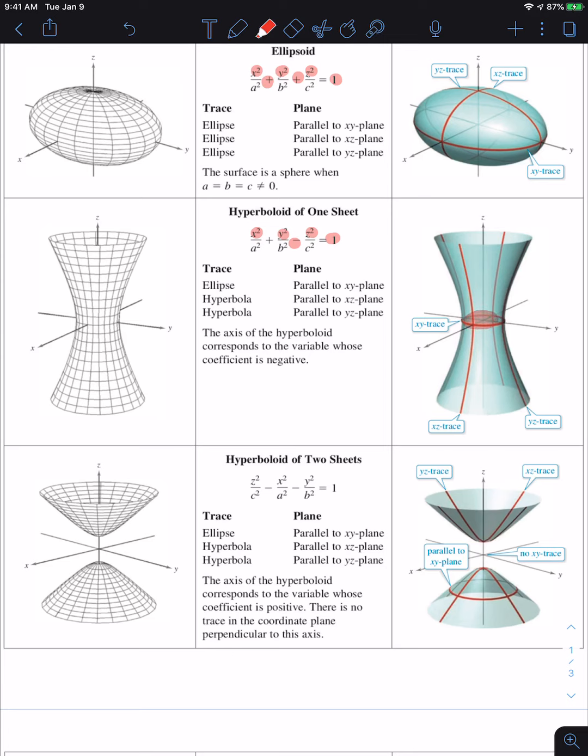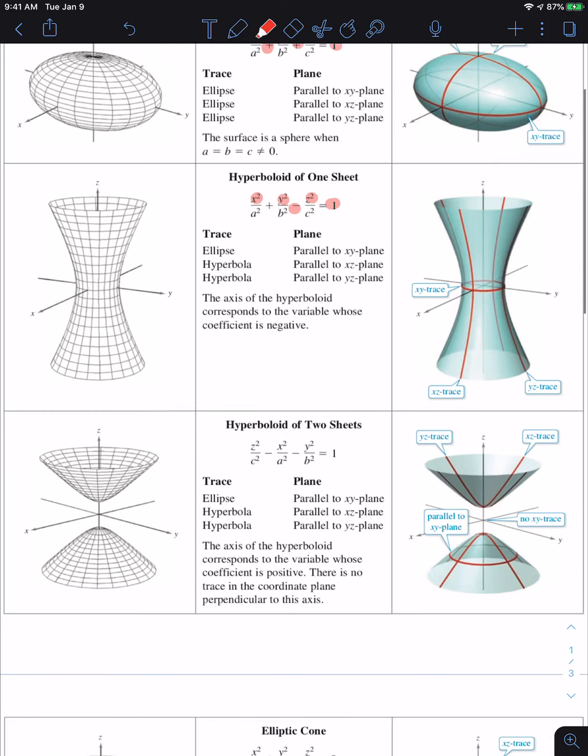The trace in the xy plane is an ellipse, but the traces in the yz and xz planes are going to be hyperbolas. Remember those shapes that look like that. So that's called a hyperboloid of one sheet.